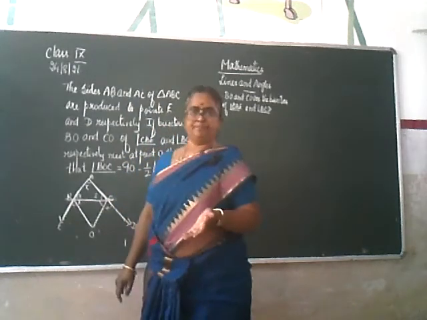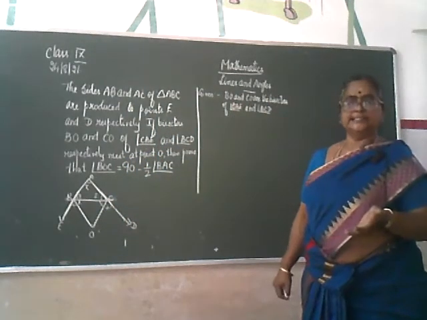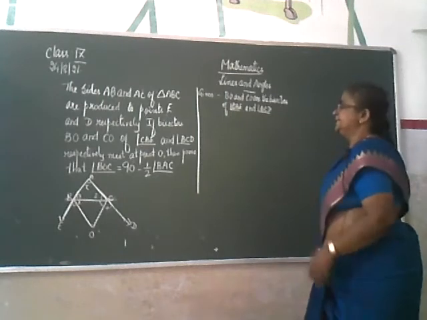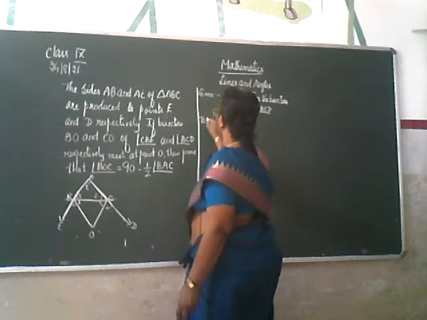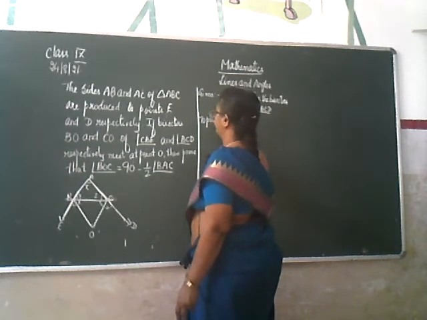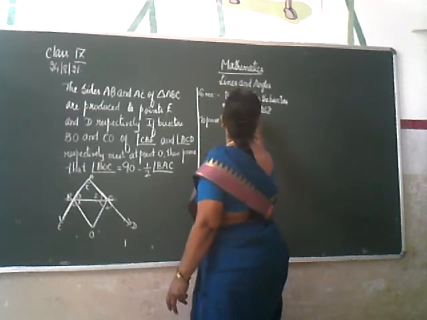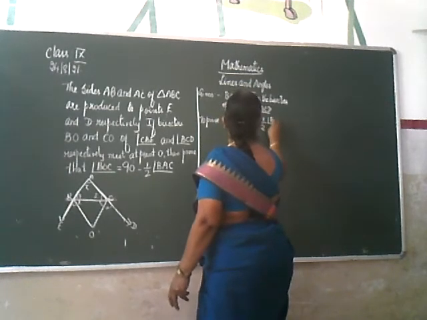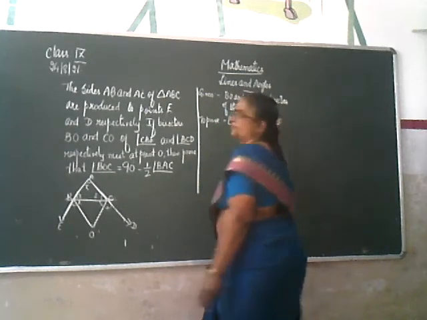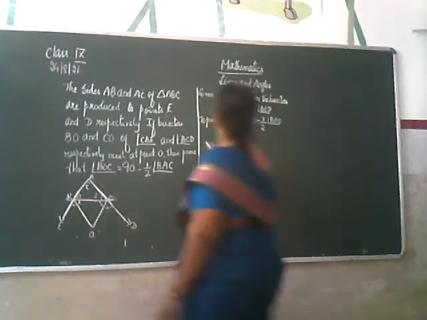Both are same. When you bisect, both are equal, isn't it? So BCD. Then prove that, so you must prove angle BOC is equal to 90 minus half of BAC. Then proof.